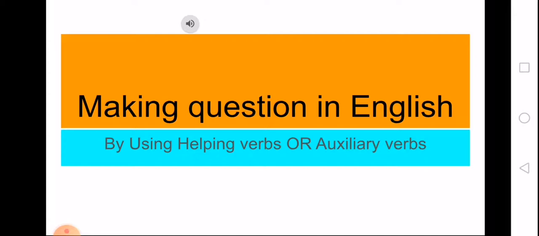One is by using WH questions such as what, where, when, who, and so on. The other type, which our lesson is about, is making a question in English by using helping verbs or auxiliary verbs. Today we are going to learn how to write a question by using these auxiliary verbs.